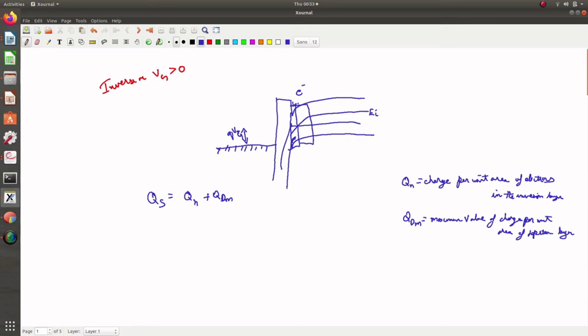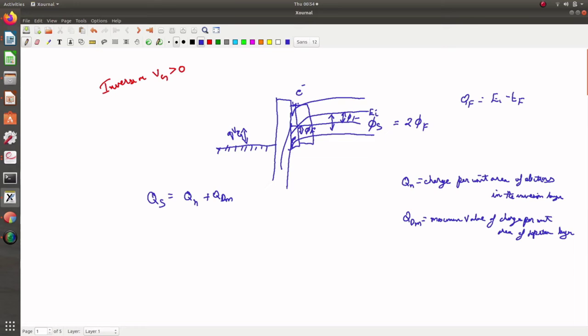And also, now the bending phi S is equal to 2 phi F, where phi F is the difference between Ei and EF, which means this is phi F, and the same amount of phi F is on the other side too.